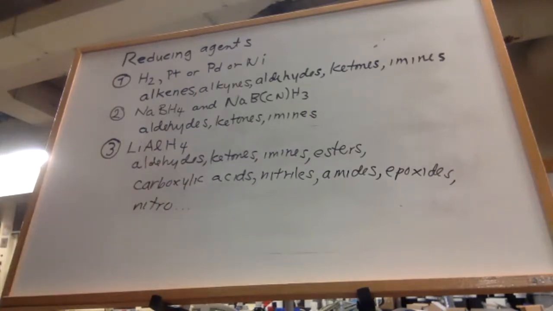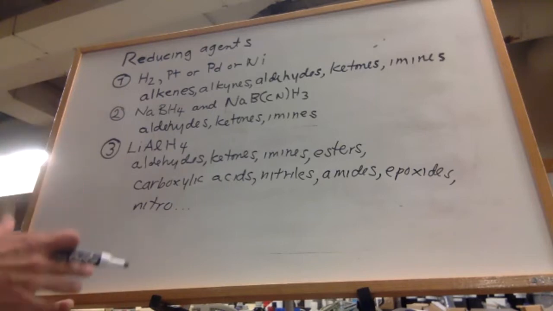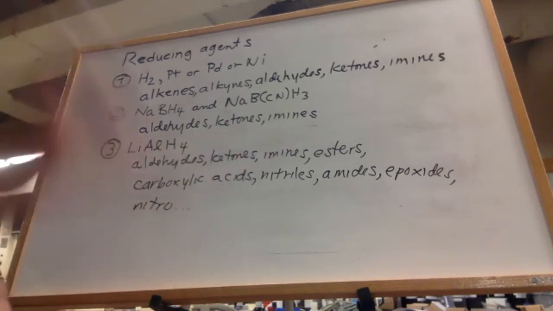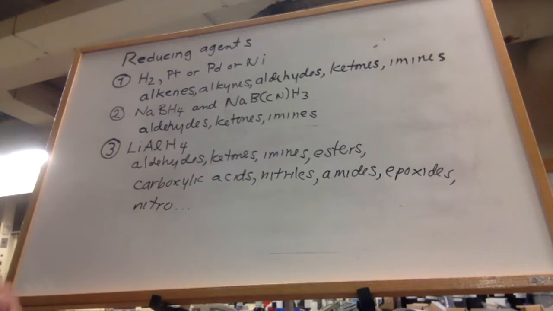Lithium aluminum hydride is extremely reactive, and so it's going to reduce all of these functional groups. And it does so with little selectivity. So if you have a molecule that has an aldehyde and an amide in there, it's going to reduce both of them. If you have a molecule that has any two of these functional groups, it's going to just reduce everything.